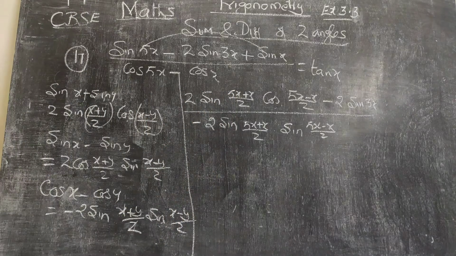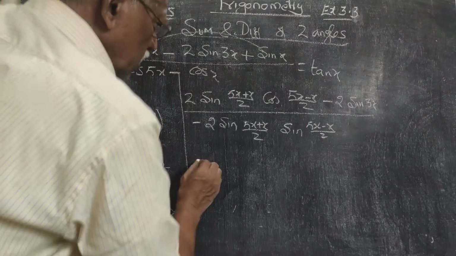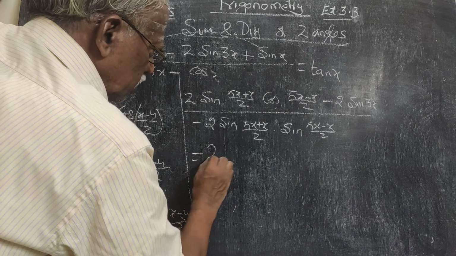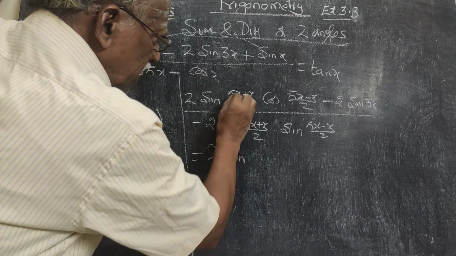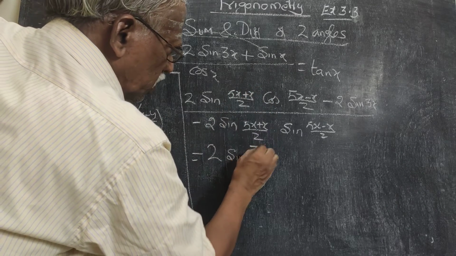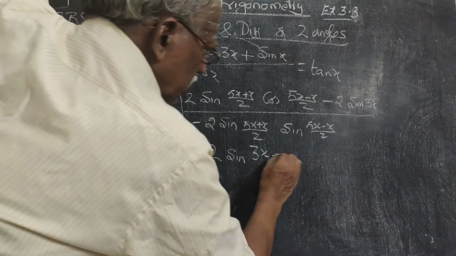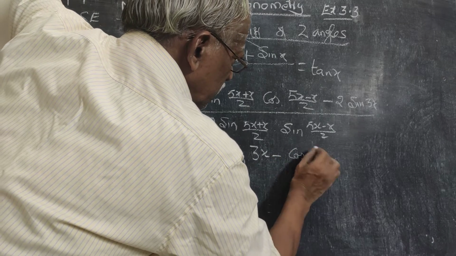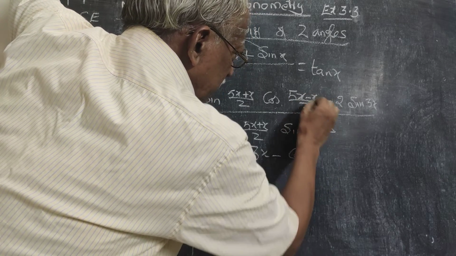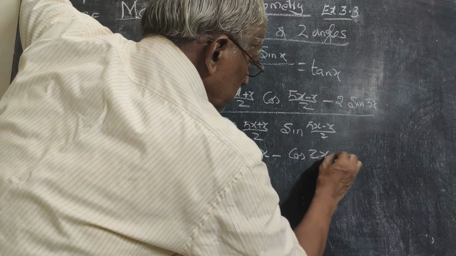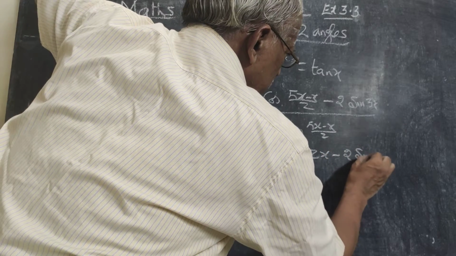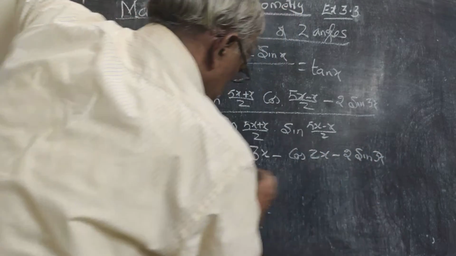Now this part will be sin (5x plus x) by 2, always let it be there. 2 sin of 6x by 2, 3x, minus cos of 4x divided by 2, minus 2 times sin 3x.